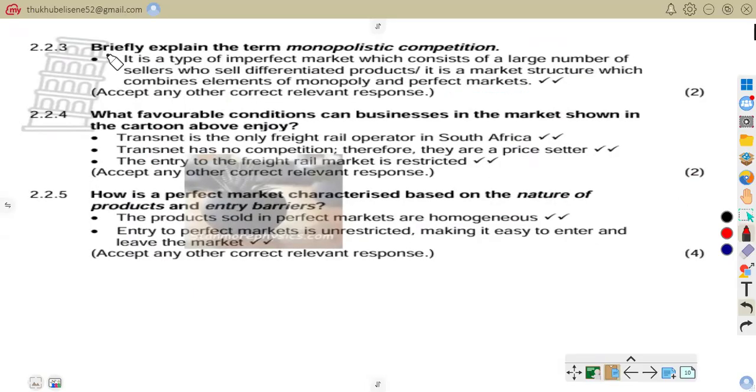It is a type of imperfect market which consists of a large number of sellers who sell differentiated products. Or it is a market structure which combines elements of monopoly and perfect markets.